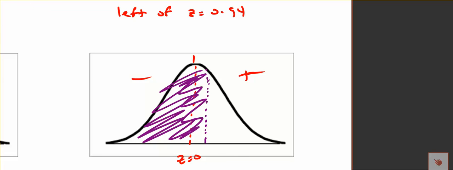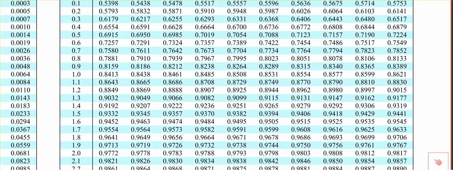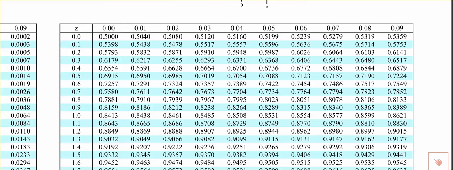So all we have to do is go to the table, to the positive side, find 0.94. So here's 0.9, here's 4. So 0.94 is 0.8264.